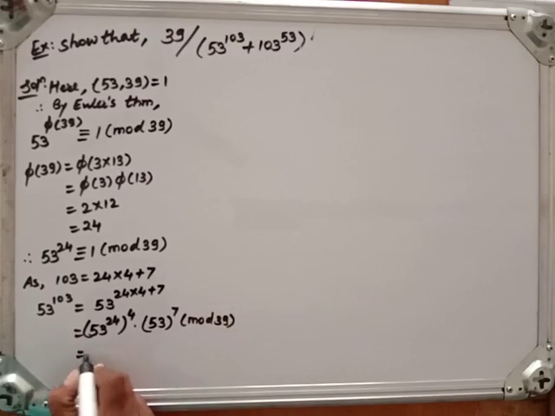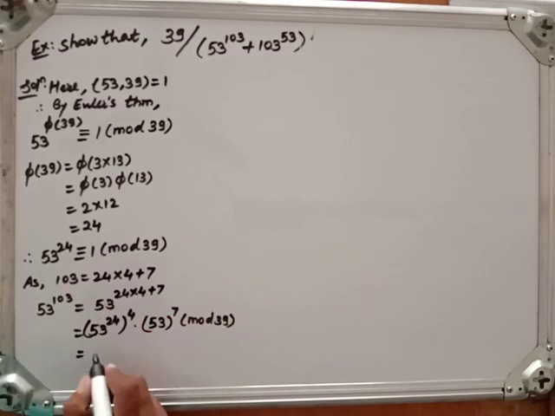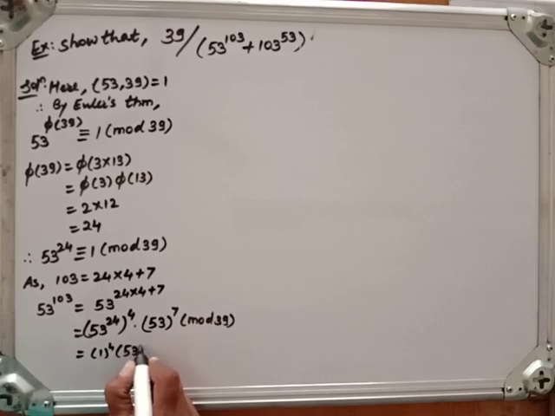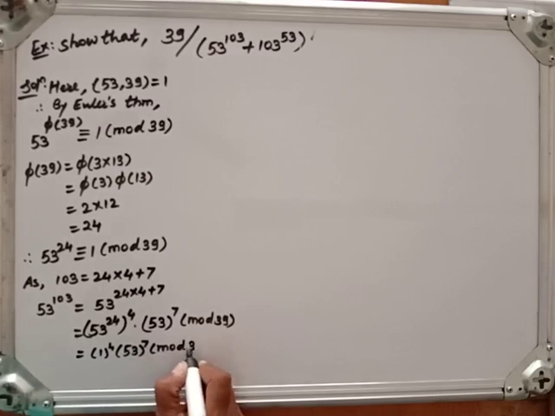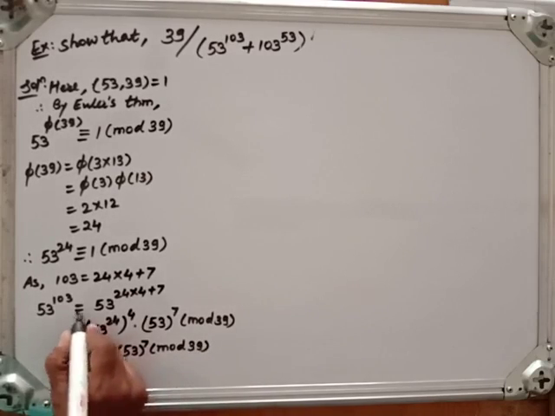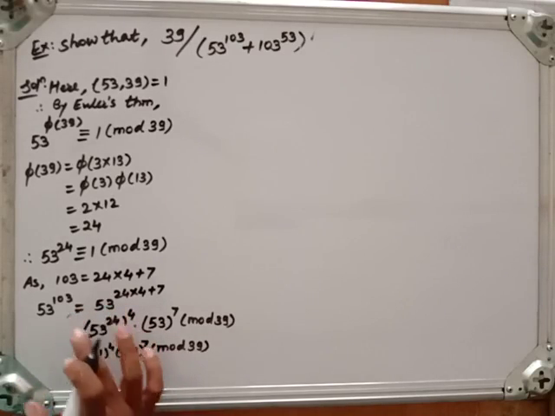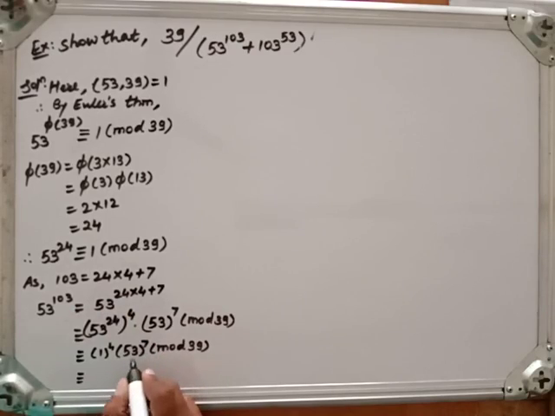Now we know this one modulo 39 is how much? 1. So this is 1 raised to 4 into 53 raised to 7 modulo 39. Now this is equivalent to 53 raised to 7. Now let us check what is 53 modulo 39.